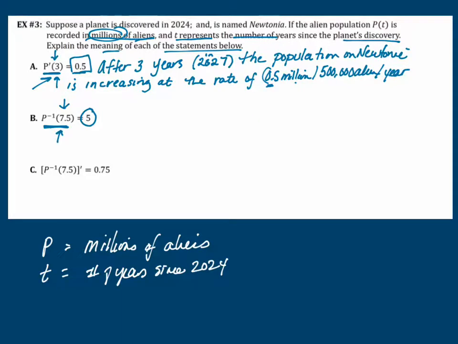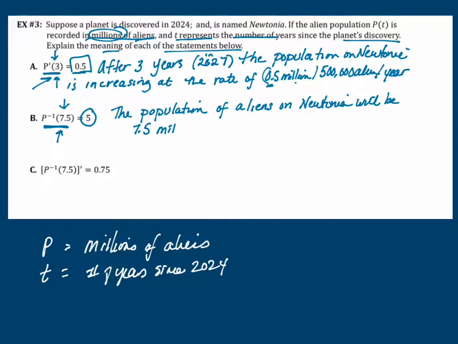So the population of aliens on Newtonia will be 7.5 million, five years after 2024, so in 2029.